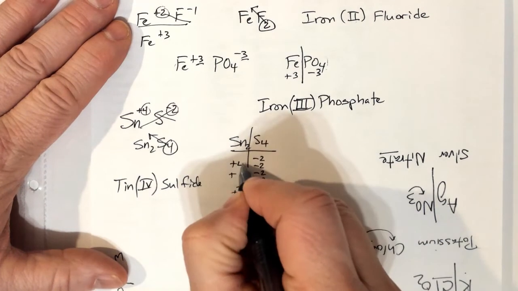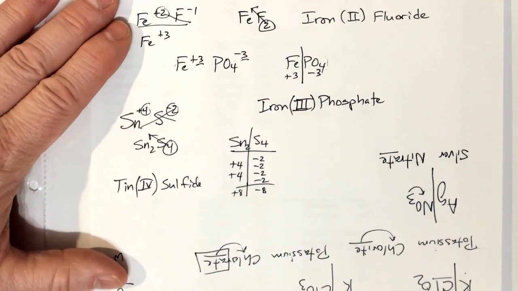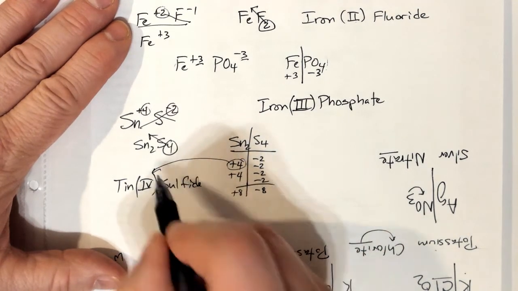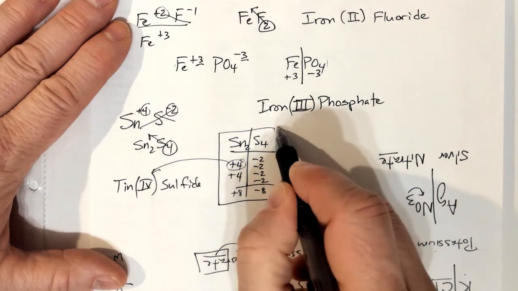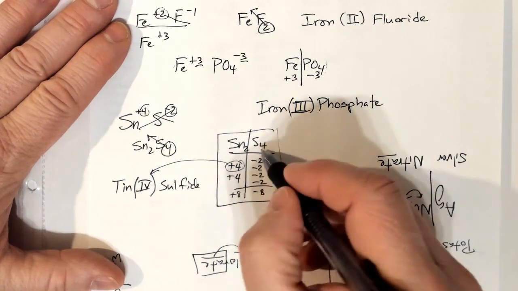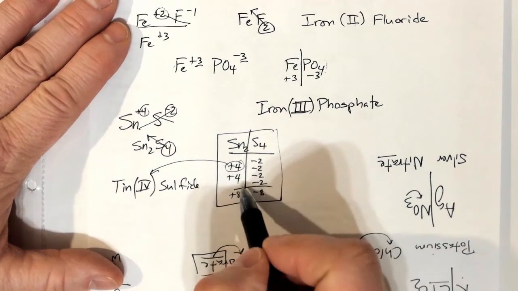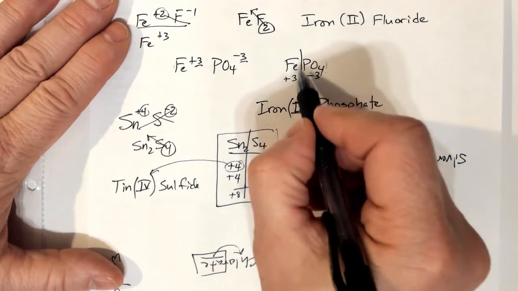Well, it would have to be 2 fours, because I have 2 of them. So it's easy to see why it would be tin(IV). So this little system, or T-chart, would be the best way to always figure out what the charges are.